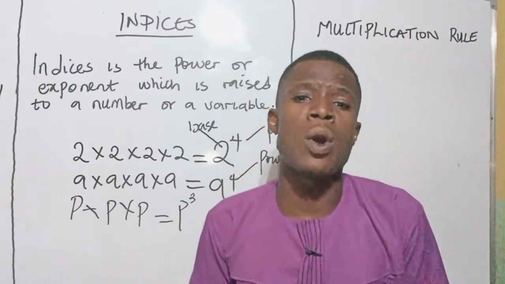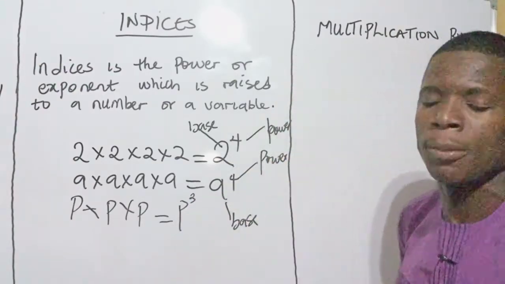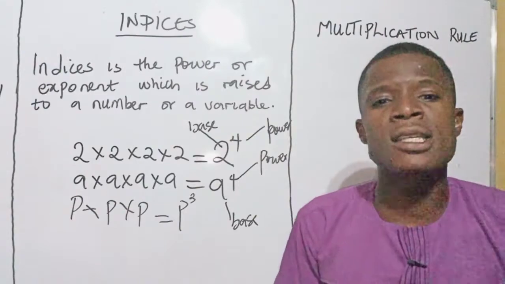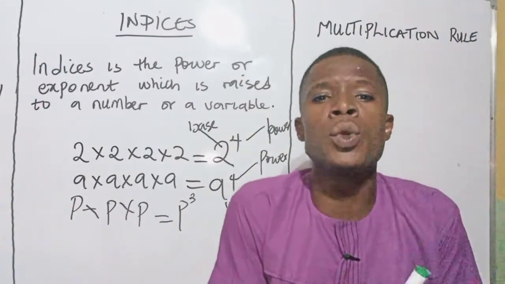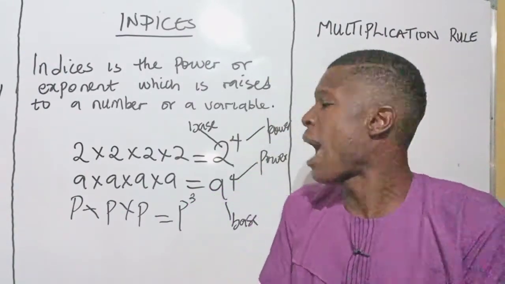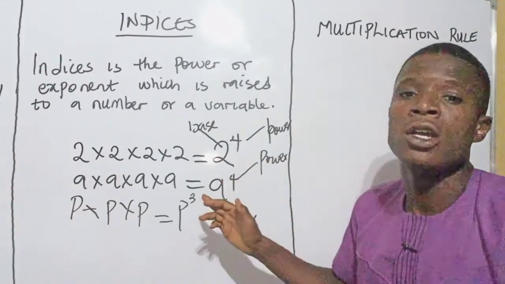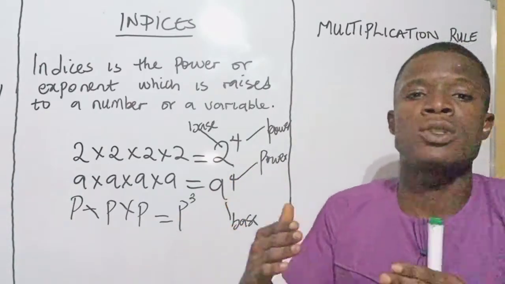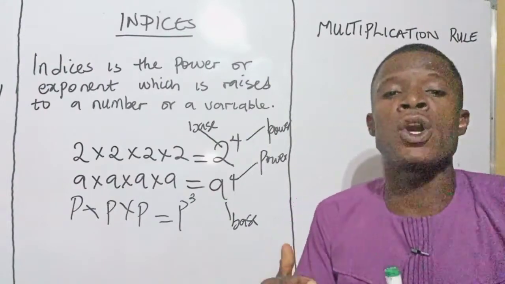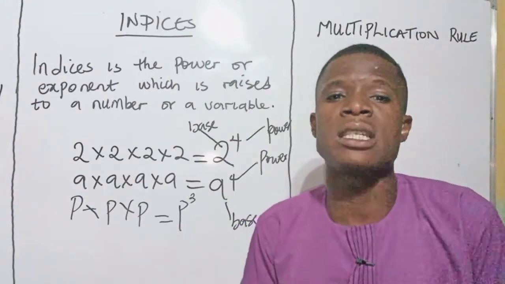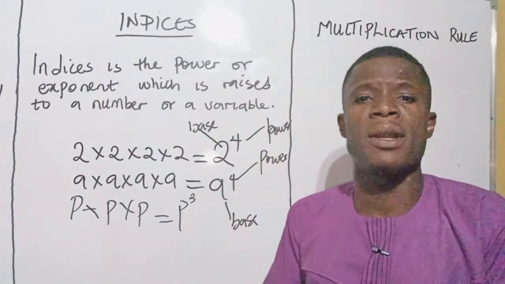We have the first one, which is the multiplication law. Multiplication law exists when we are multiplying 2 indices. Let's say I have 2 raised to power 4 times 2 raised to power 2. It must obey a certain law in mathematics before we can be able to simplify this.